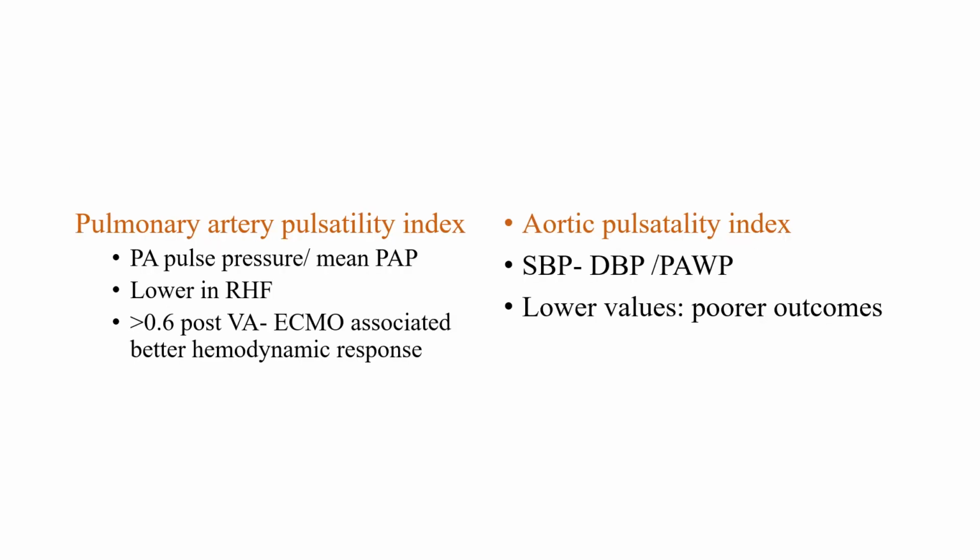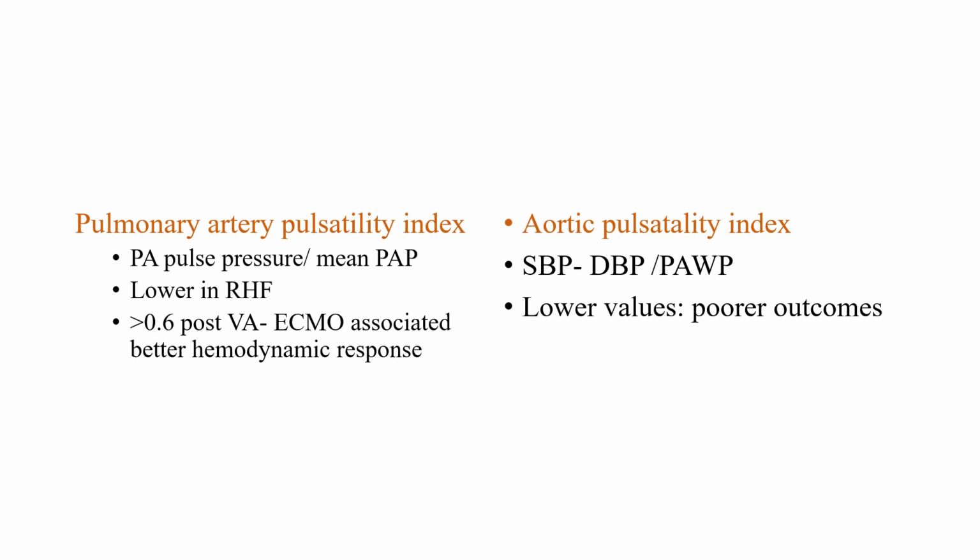Next is pulmonary artery pulsatility index. Pulmonary artery pulsatility index is PA pulse pressure divided by mean pulmonary artery pressure, that is PA systolic minus PA diastolic divided by mean pulmonary artery pressure, while aortic pulsatility index is the aortic pulse pressure, systolic minus diastolic, divided by pulmonary capillary wedge pressure.